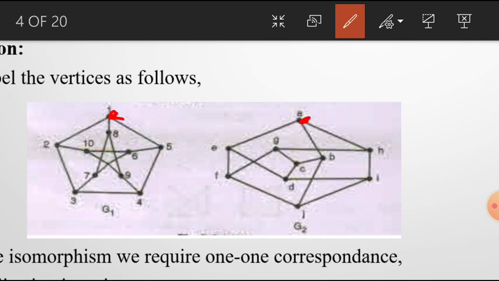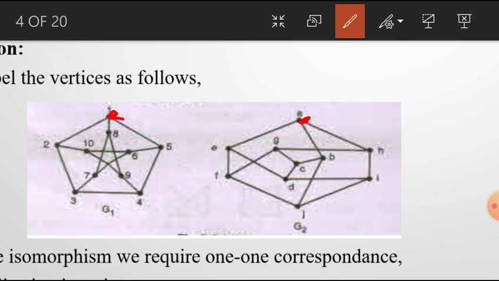Of its adjacency vertices, vertex 2 is of degree 3, vertex 5 is of degree 3, and vertex 8 is of degree 3. Also A has adjacency vertices B, H and E having the same degree.